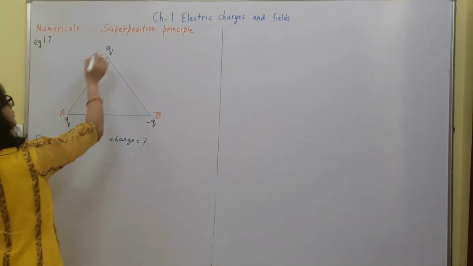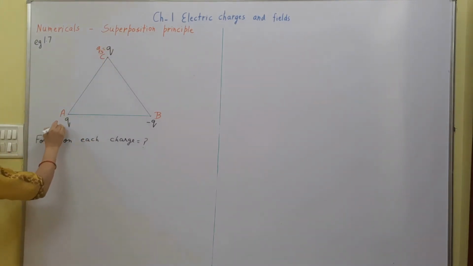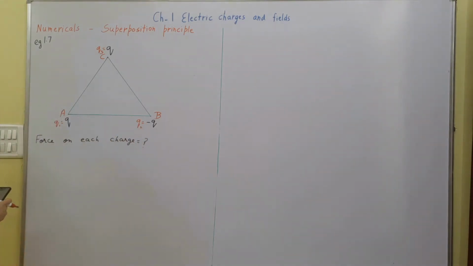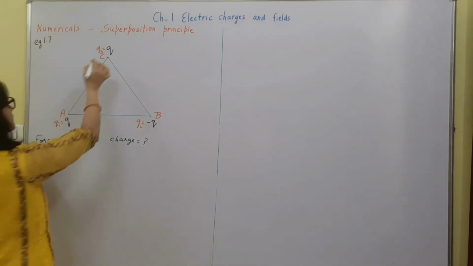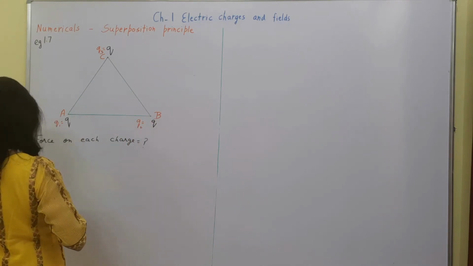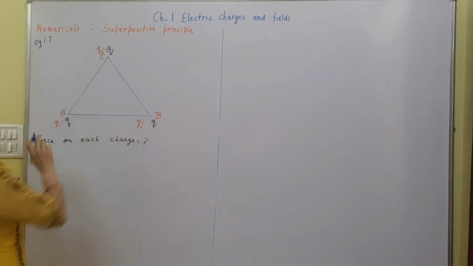This is suppose Q3 is equal to Q. This is Q1 is equal to Q, and Q2 is equal to minus Q. Now they have taken this one as minus Q and this one as plus Q. So the charge at C is taken as minus Q. I've drawn the same polarities just to make the thing simple for you.